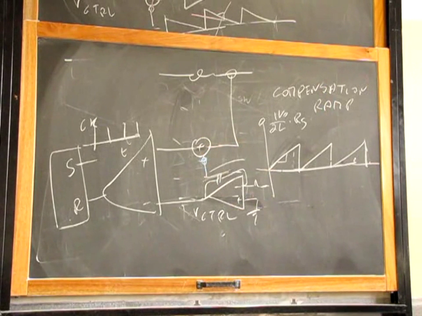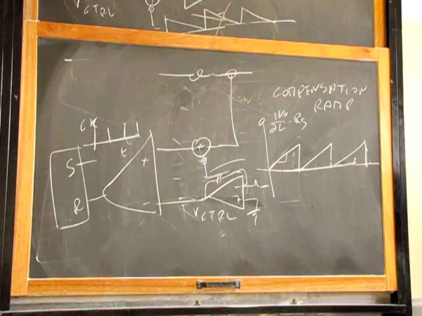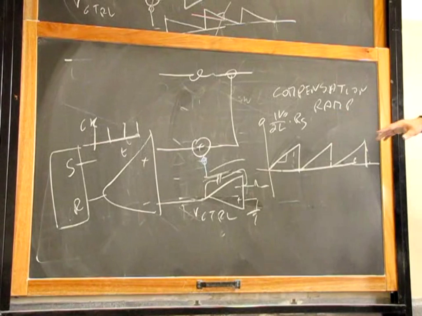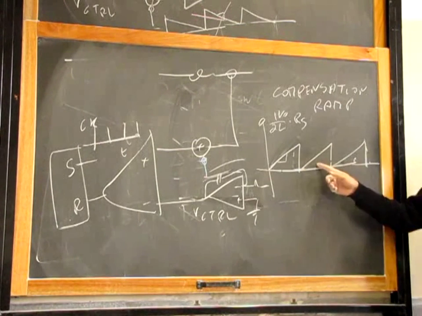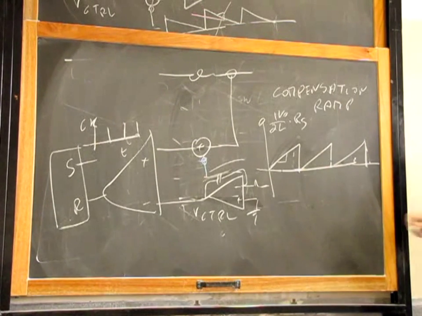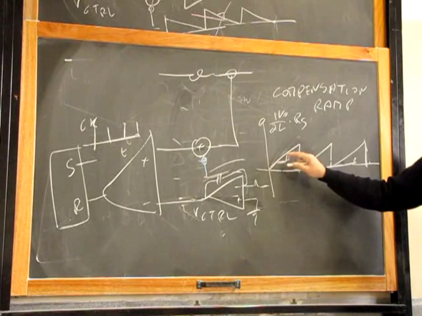Okay, you want the good news? When you design your final exam, a CCM buck converter, you need to add a compensation ramp, not for this error. The compensation ramp is needed for the subharmonic instability. When you have to add this compensation ramp, you just have to give me this slope.